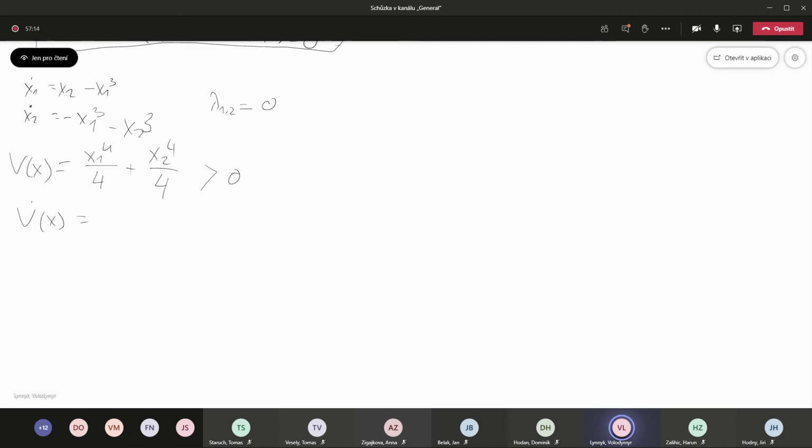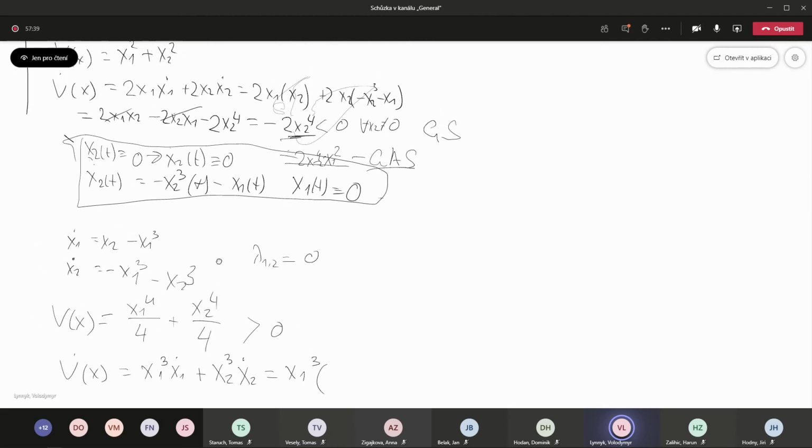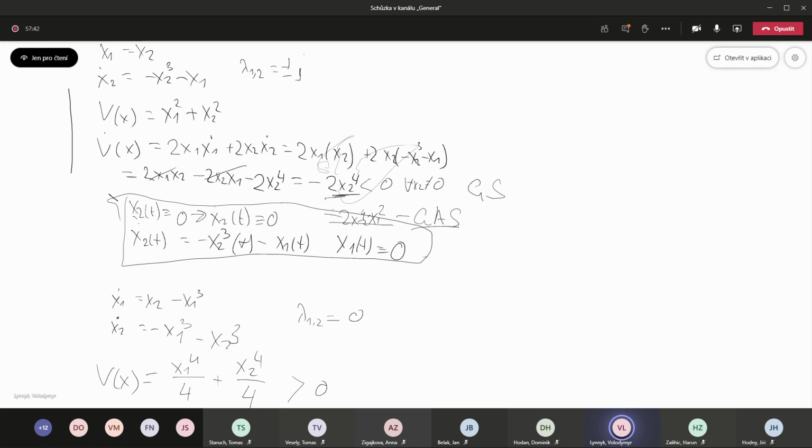And the derivative is equal to x1 cubed x1 dot plus x2 cubed x2 dot, and it's equal to x1 cubed times x2 minus x1 cubed, plus x2 cubed times minus x1 minus x2 cubed.